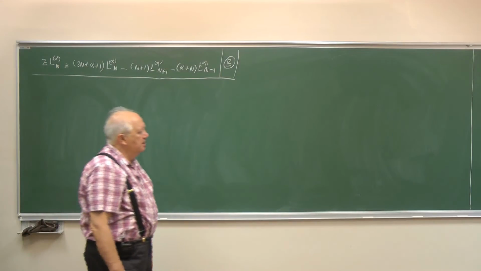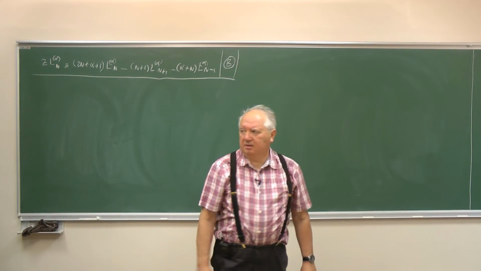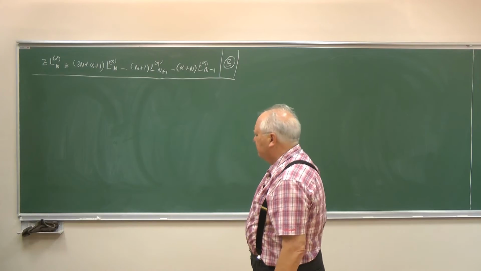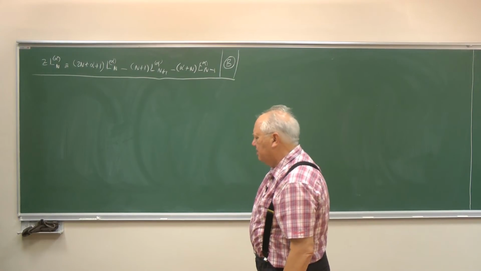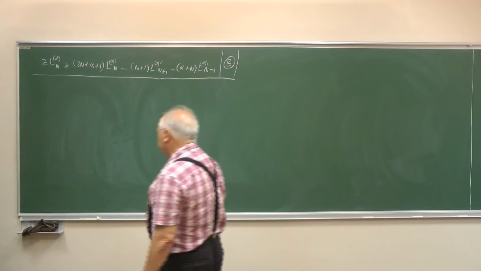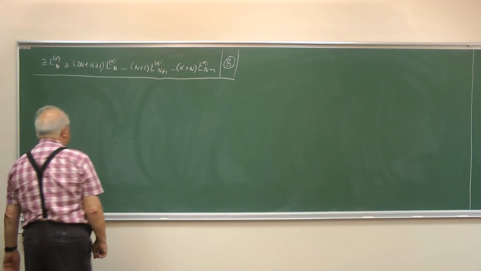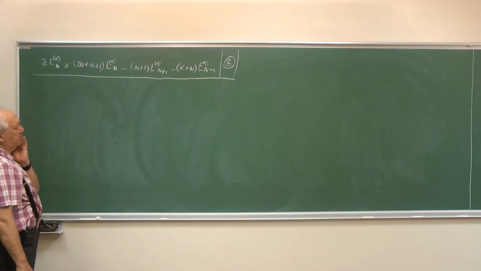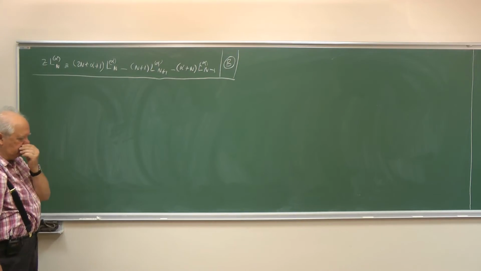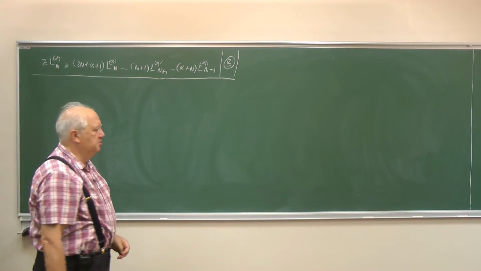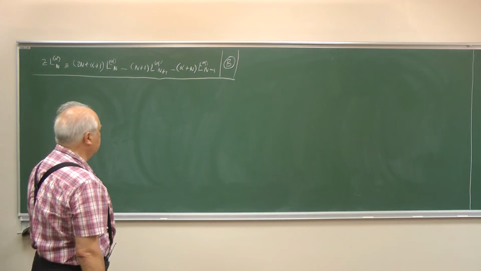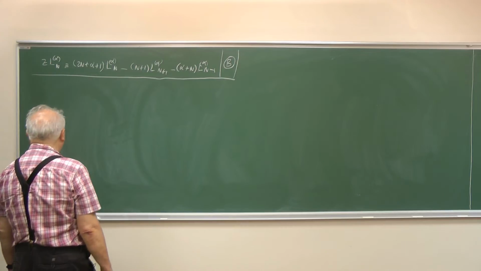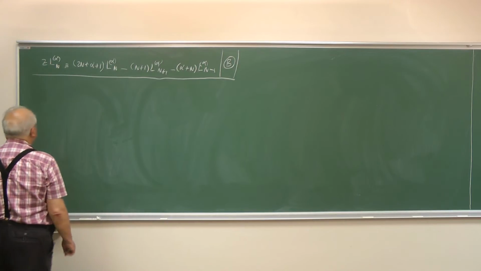All right. In this last part of the lecture, we shall discuss the normalization of the hydrogen atom wave functions. We discussed the normalization of the associated Laguerre polynomials, but of course we are interested mainly in the normalization of the hydrogen wave functions.